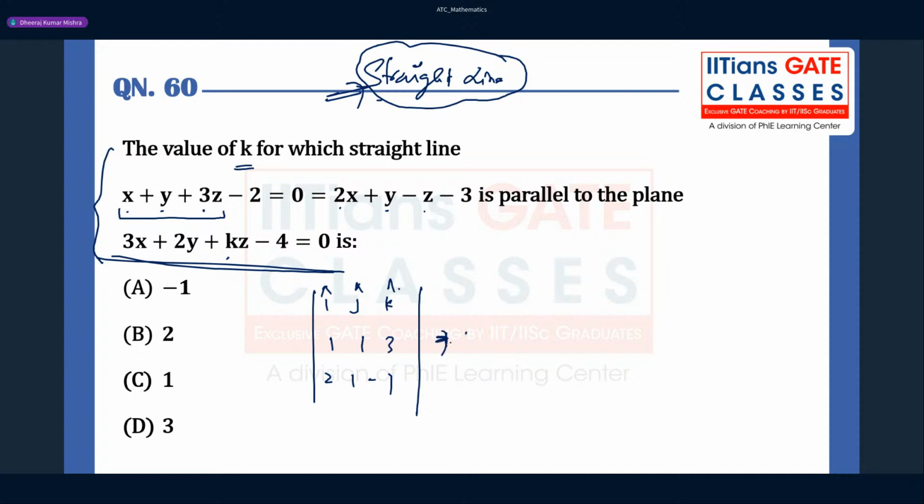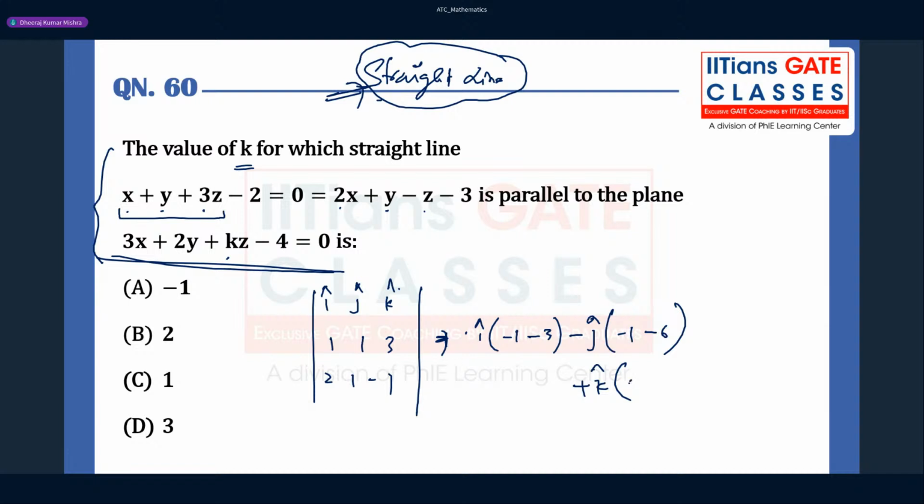So you can find out the components here. It will be nothing but i times minus 1 minus 3, minus j times minus 1 minus 6, plus k cap times 1 minus 2.